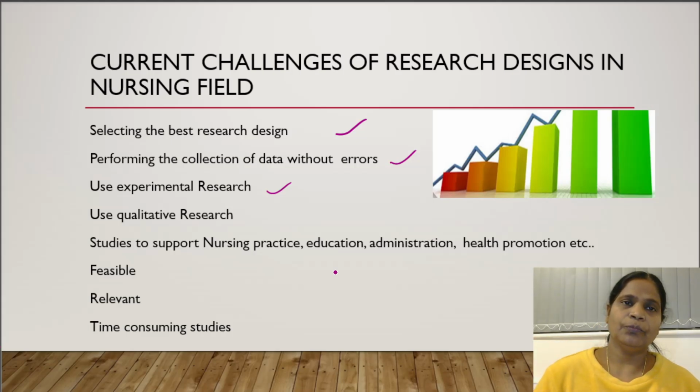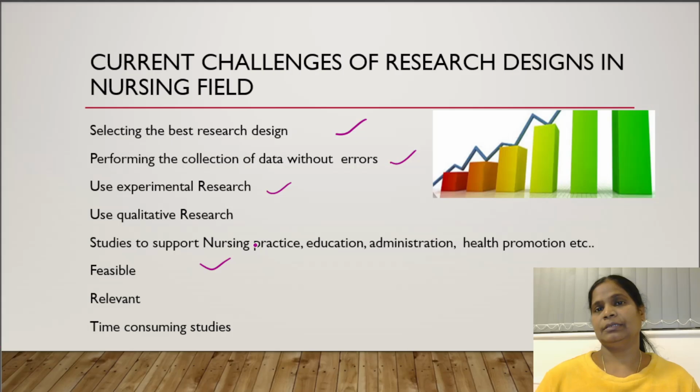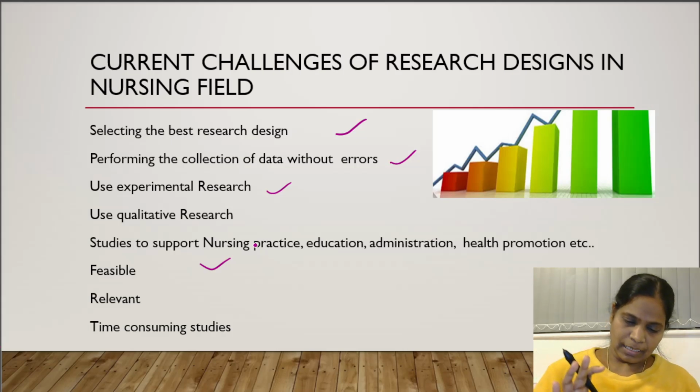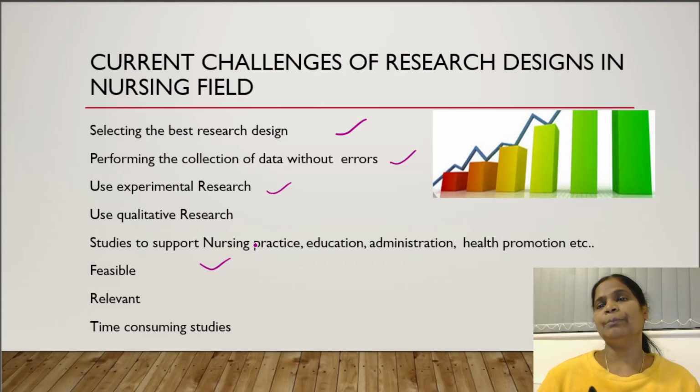Then the research design, when we try to select according to the study, we consider feasibility, whether it is possible for us to conduct the study or not. That feasibility is seen in sample availability, the participants, tools, methods.